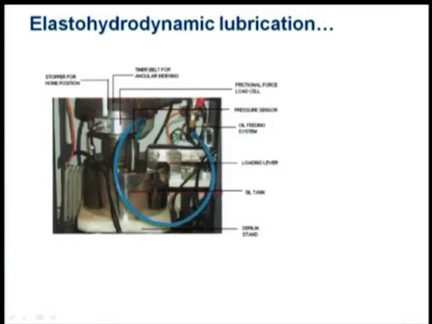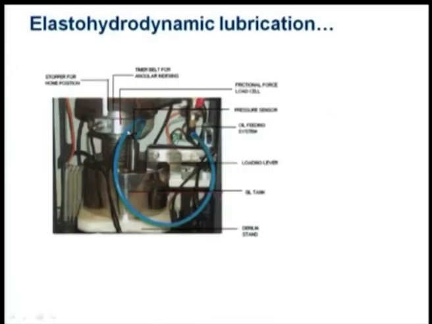We can regulate the speed. We have applied a pressure sensor to measure the pressure at the interface, so that we can find out whether there will be elastic deformation or not. That is why the pressure sensor comes in. This bearing rotates after a certain duration that can be fixed as per our own algorithm.